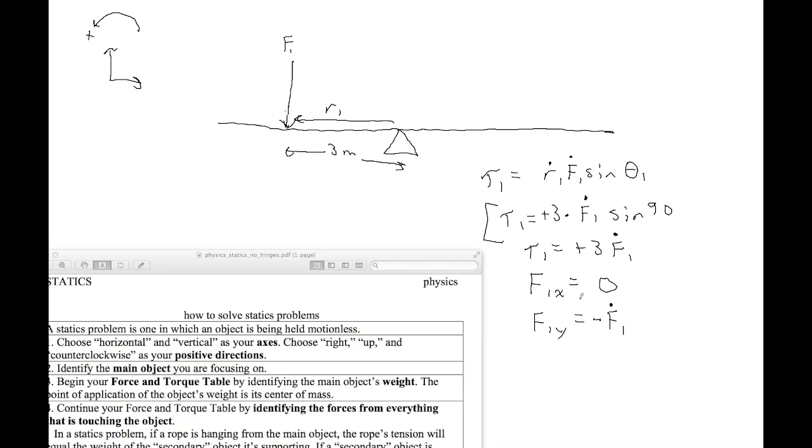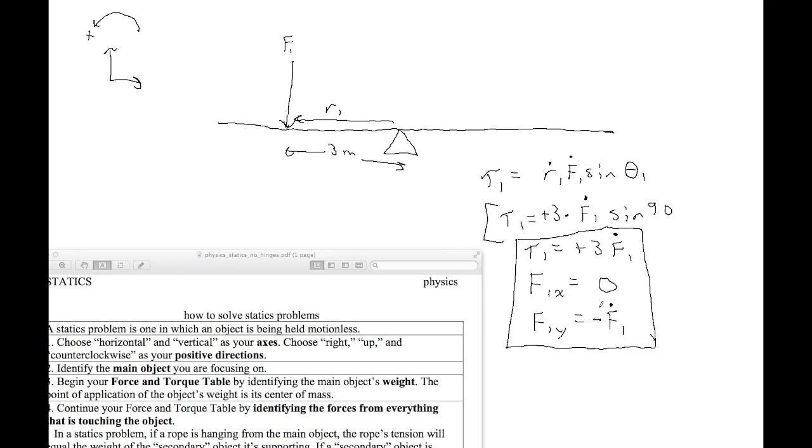Most people get messed up on statics problems just with the setup, so this is an important part of the setup. For every single force, we have to decide its x component, its y component, and its torque. Sometimes students think that force is the same thing as torque, but these are different things. Just because the sign on the torque is positive doesn't mean that the sign on the force is positive.